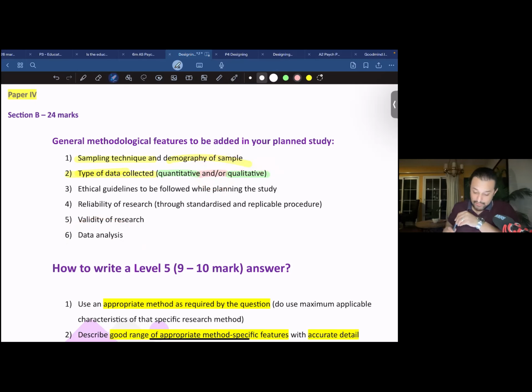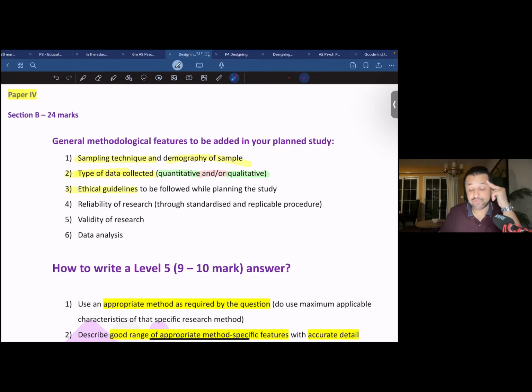Taking this ahead, ethical guidelines to be followed while planning the study. If you're conducting a study, make sure your study is meeting as many ethical guidelines as you possibly can. Do not harm participants, physically or psychologically. Try not to deceive participants. In many instances, researchers do it, but try not to deceive your participants.